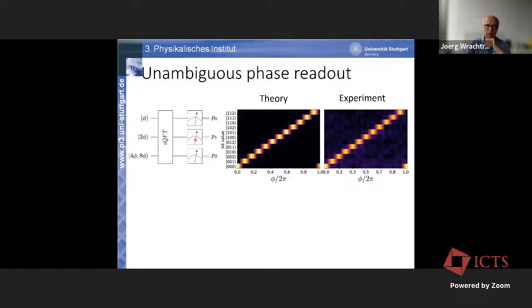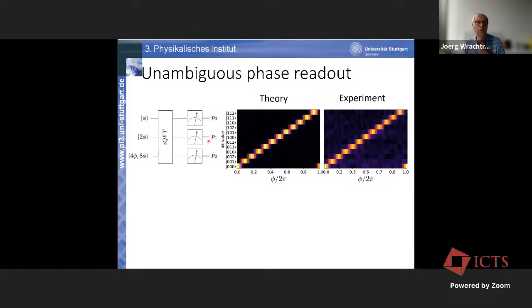So if we apply this quantum Fourier algorithm, and if we read out the individual memory qubits, qubit 1, 2, and 3, then we can digitize the phase we are measuring. So this is the phase we are measuring, and this is the bit values we are getting because of that readout, right? Remember, we do a quantum Fourier transformation.